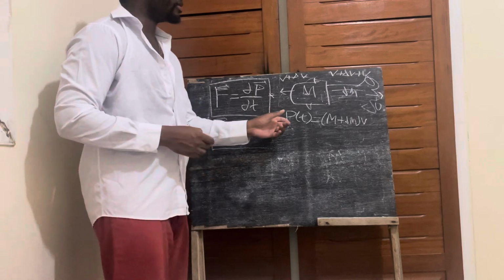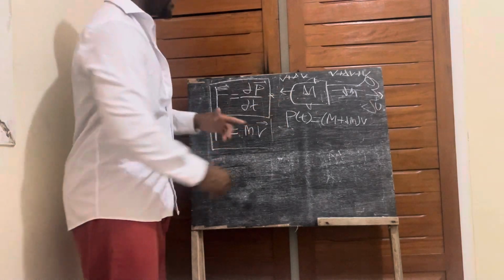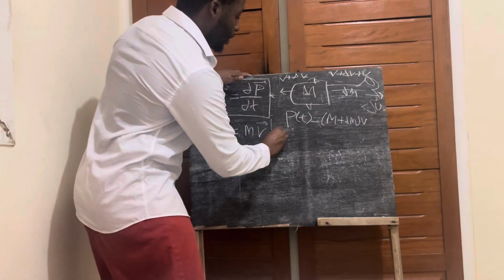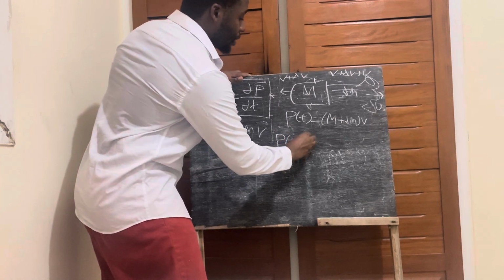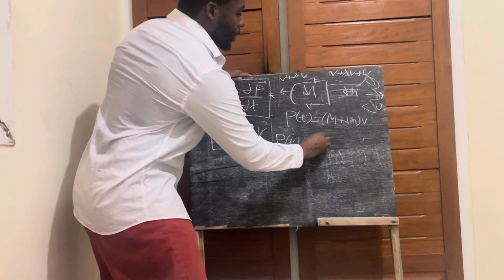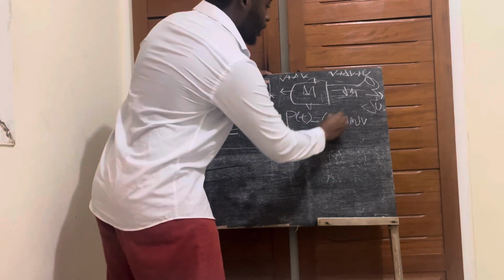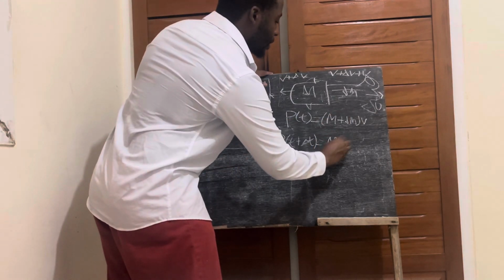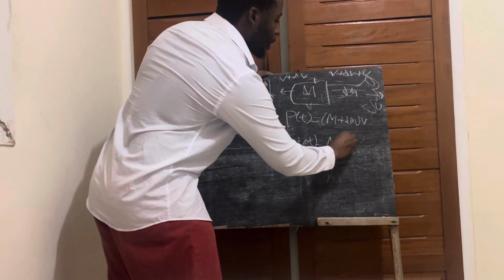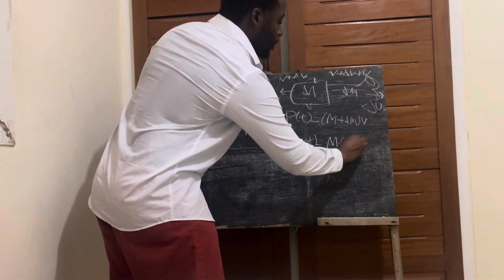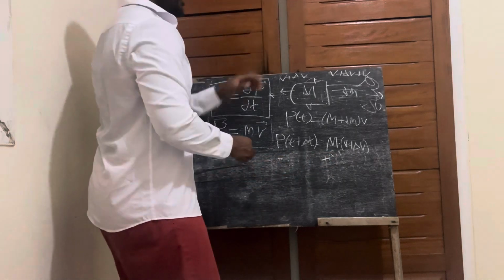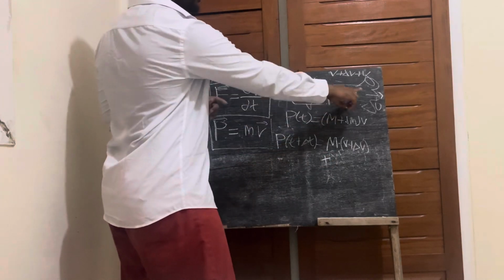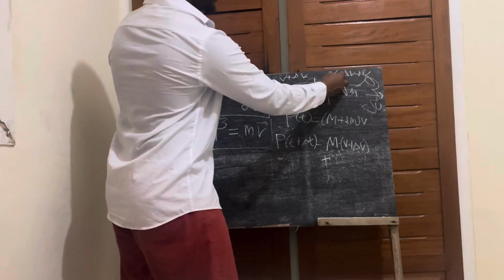So the velocity of the thing is v, and at some time t plus delta t, the momentum is now m times v plus delta v, plus the ejected part, which is going at the velocity v plus delta v plus u.